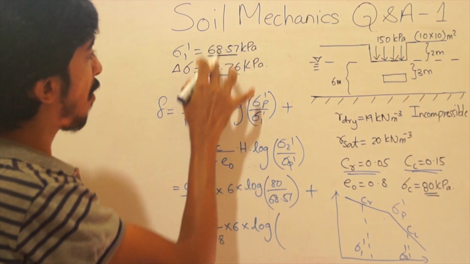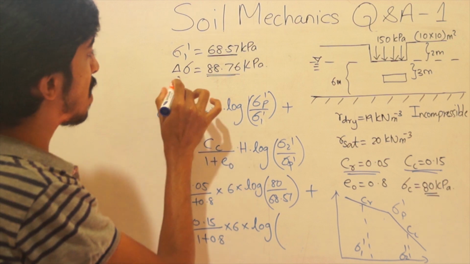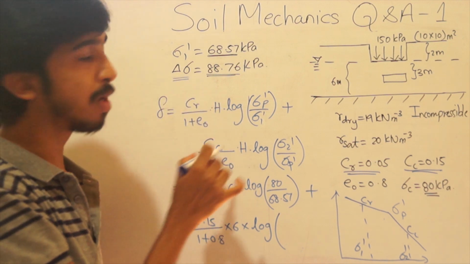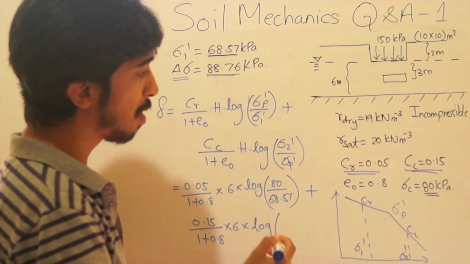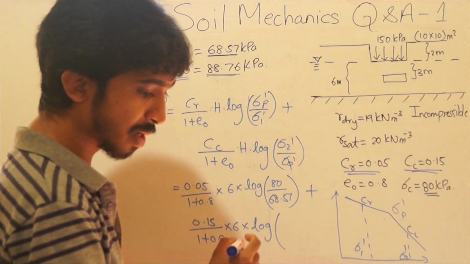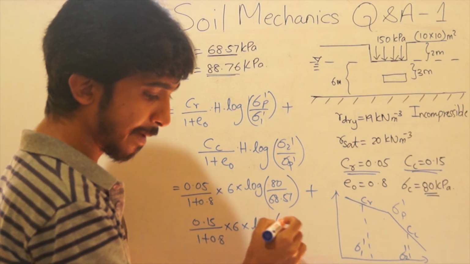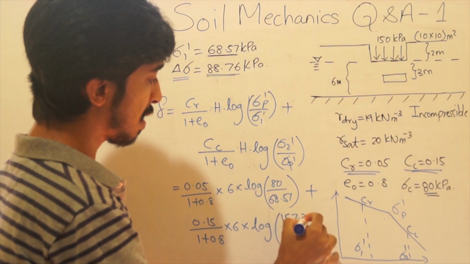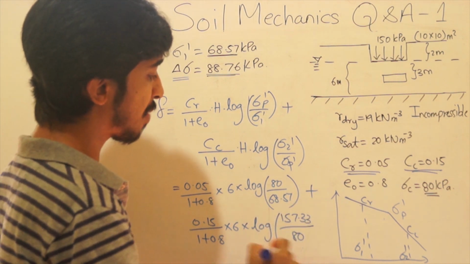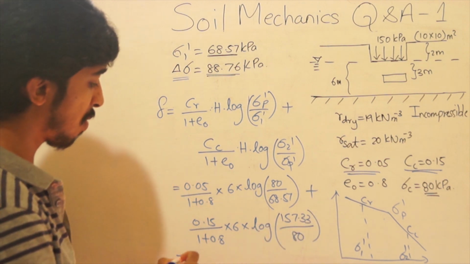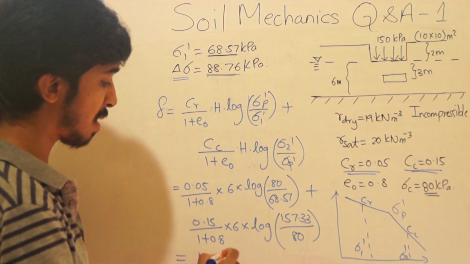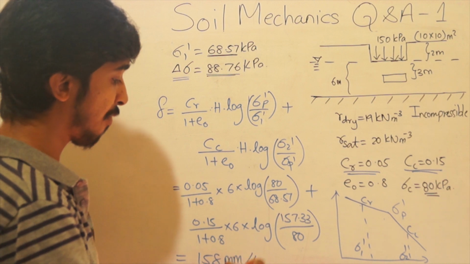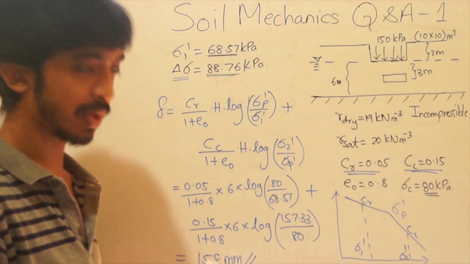You have to take the sum of these two. This is only the load increment, not the final load. So the sum of those two values gives us 157.33 over 80, the pre-consolidation pressure. When you solve this and convert into millimeters, it is approximately 158 millimeters.